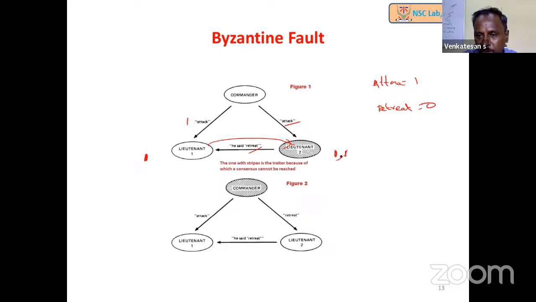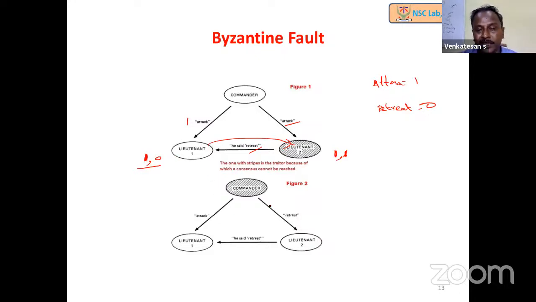So he is having 1 more message as attack. And lieutenant 2, let's say he is compromised, so they are sending the message as retreat. That means 0. Now lieutenant 1 is not in a position to take the decision, because both are 50-50. There is no majority.